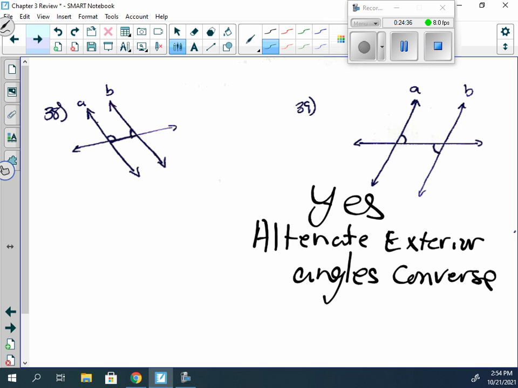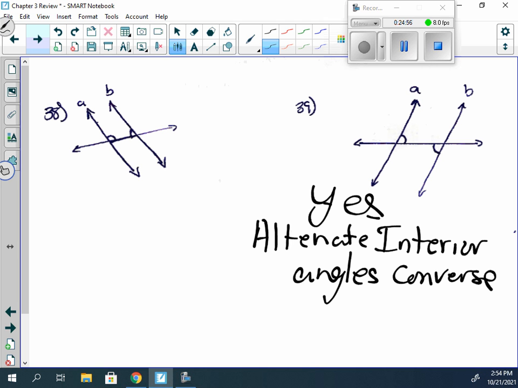According to the alternate exterior angle converse, if two lines are cut by a transversal and their alternate exterior angles are congruent, then the lines are parallel.